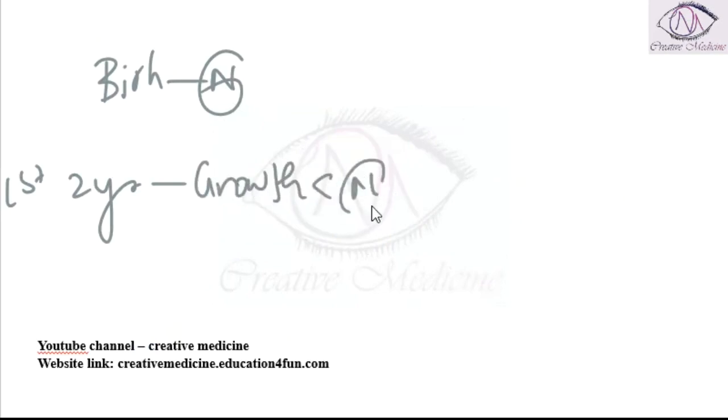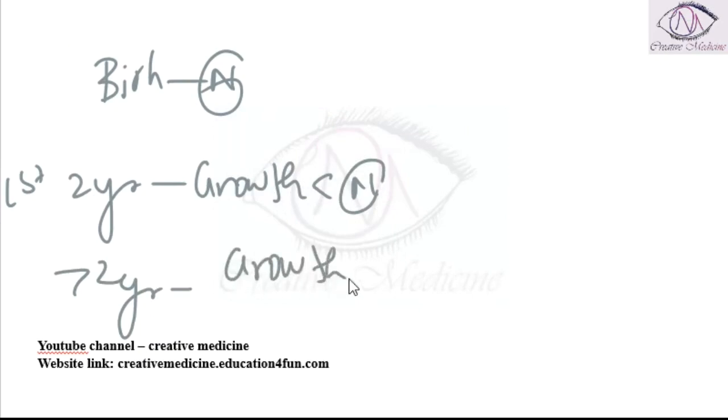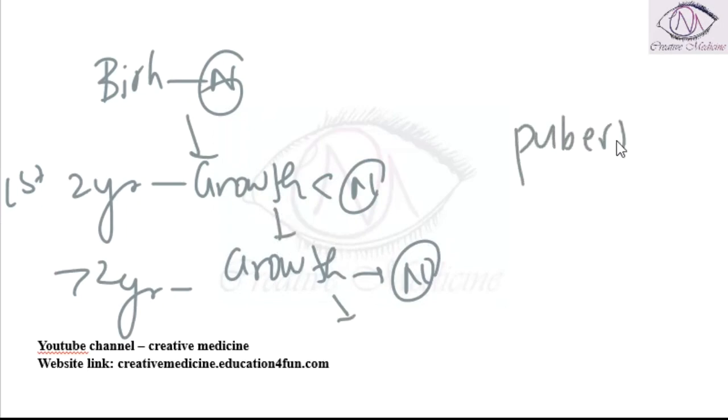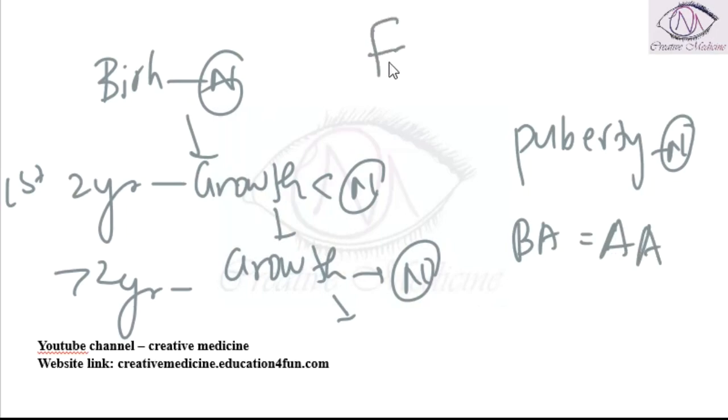Then after 2 years of age, the child's growth becomes normal. So puberty occurs on time, and bone age evaluation can be done, and bone age will be equal to the actual age in familial short stature or genetic short stature.